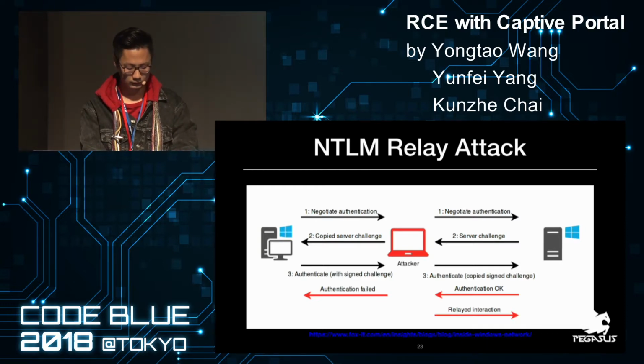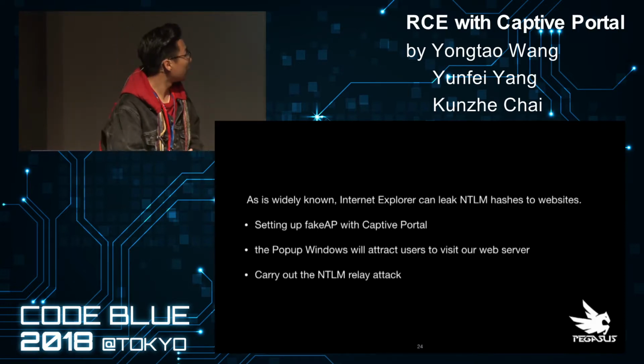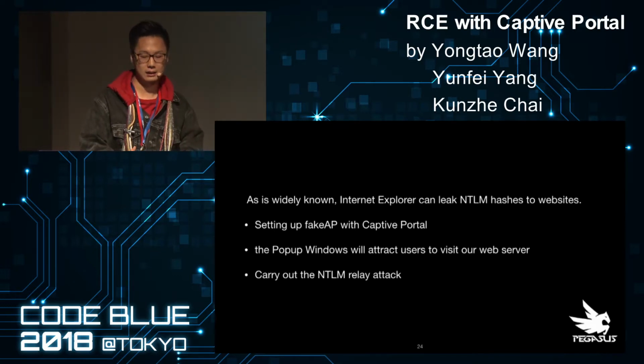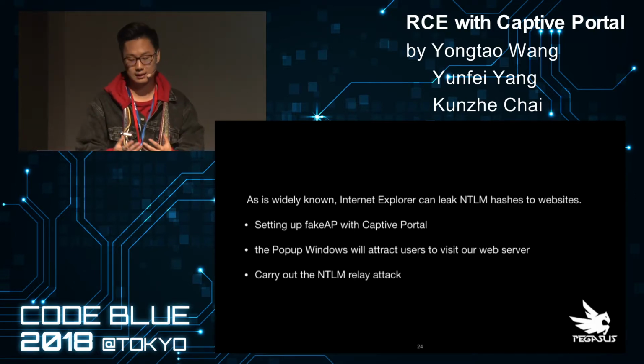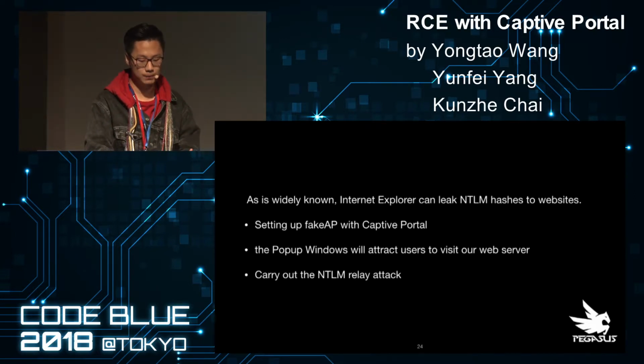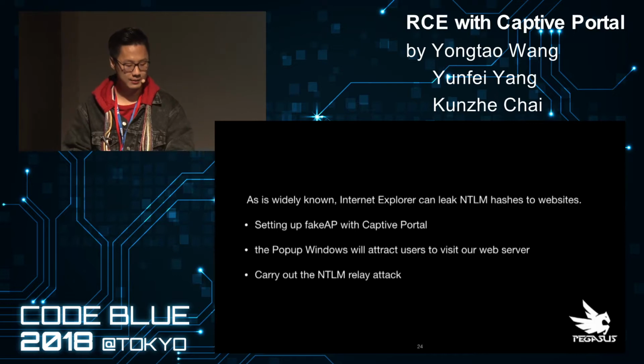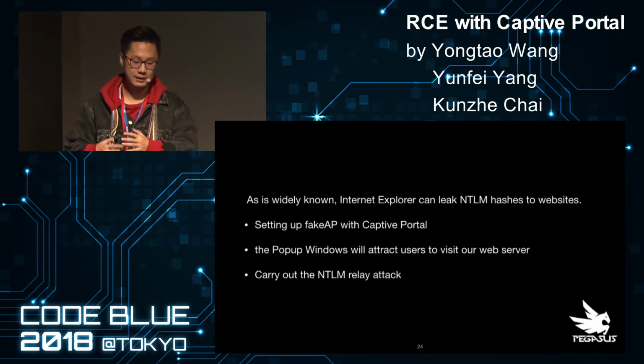As we all know, Internet Explorer can leak NTLM hashes to websites. So we can set up a fake AP with a captive portal. The pop-up window will attract users to visit our web server.